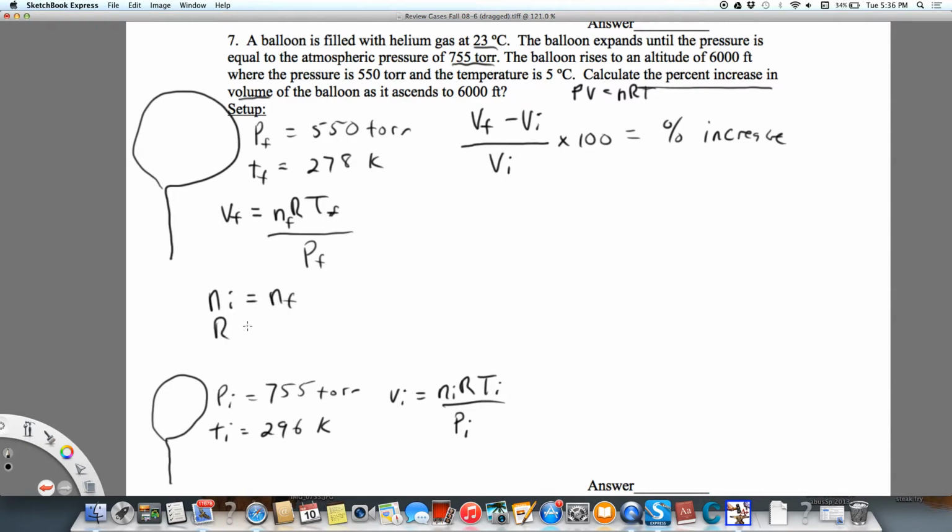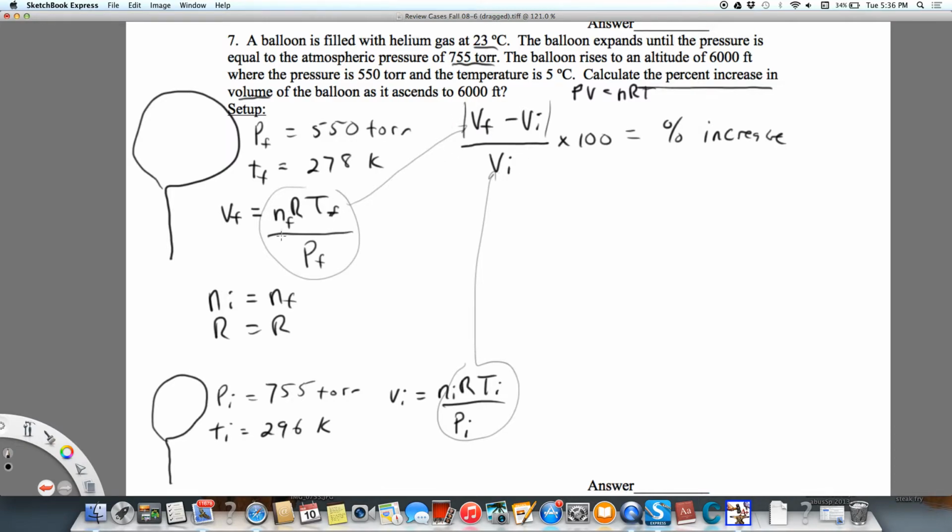Also, we know that R equals R. So we're going to substitute this in for the final, and we're going to substitute this in for the initial. And we're going to simplify the whole thing. Okay, and by the way, this will be absolute value. So let's go ahead and do that.